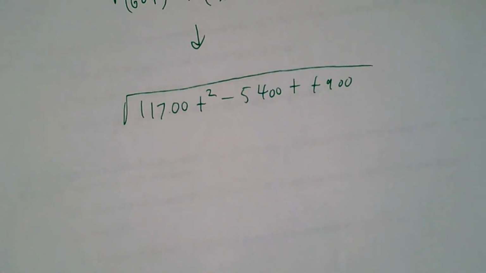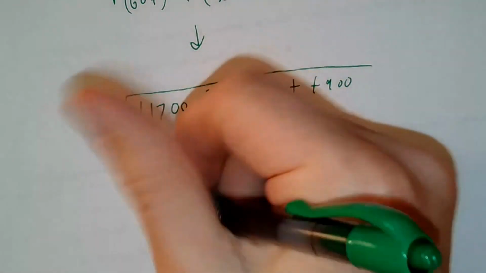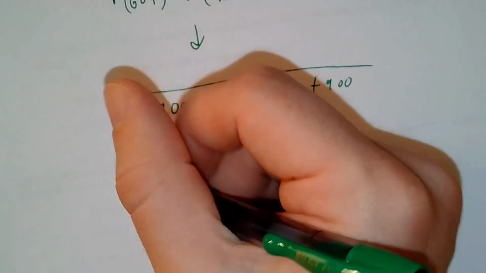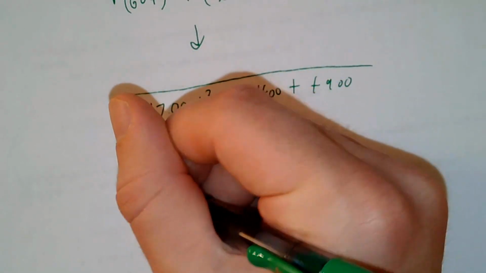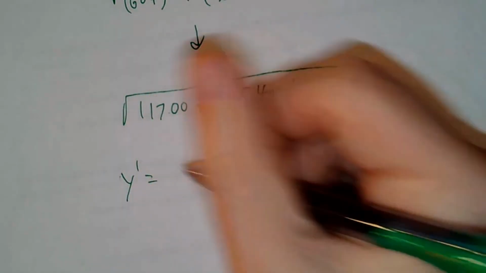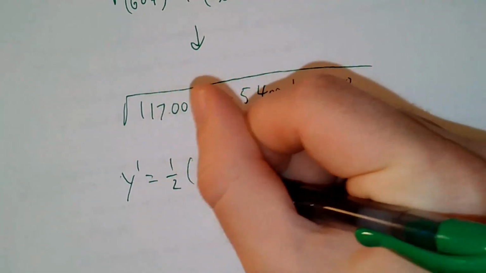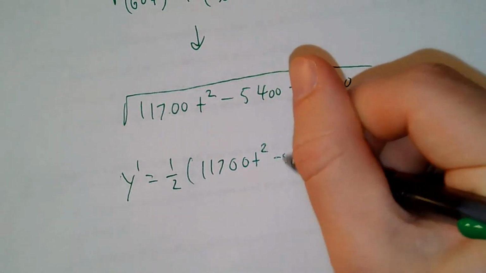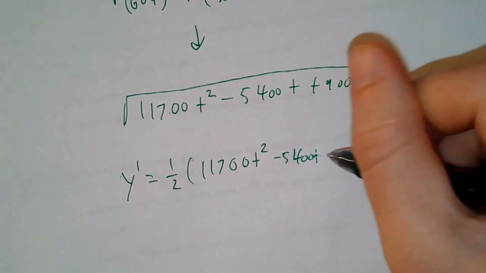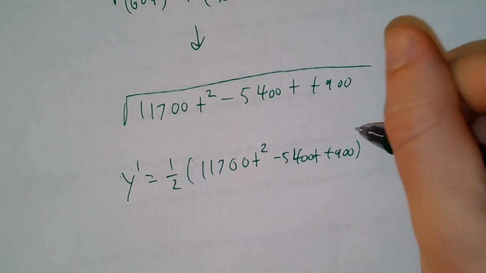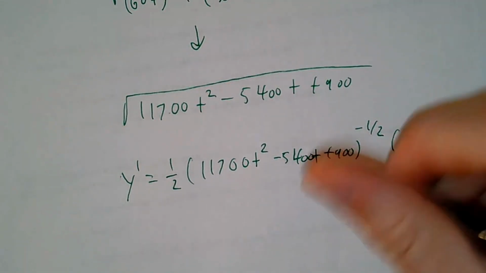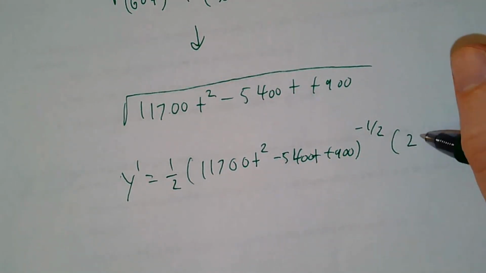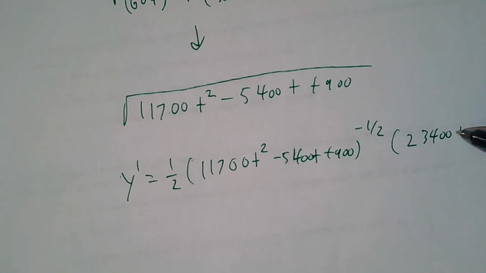Because it's the 1/2 power, the derivative, let's call it y prime, equals 1/2 times (11700 t squared minus 5400 t plus 900) to the negative 1/2, times the derivative of the inside by the chain rule, 23,400 t minus 5,400.